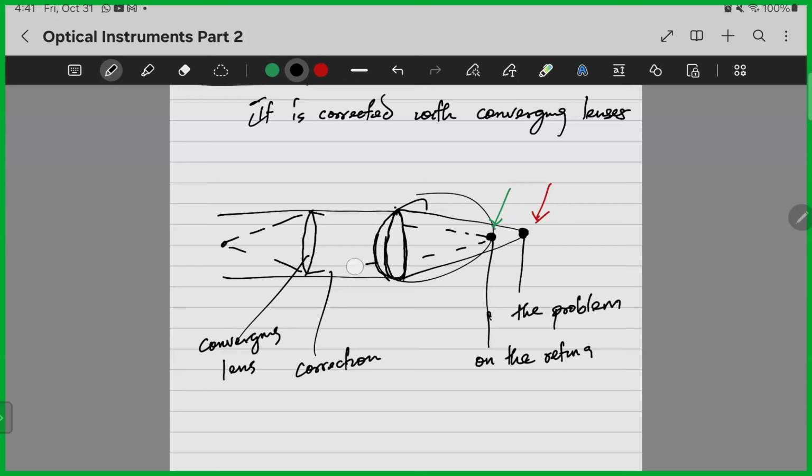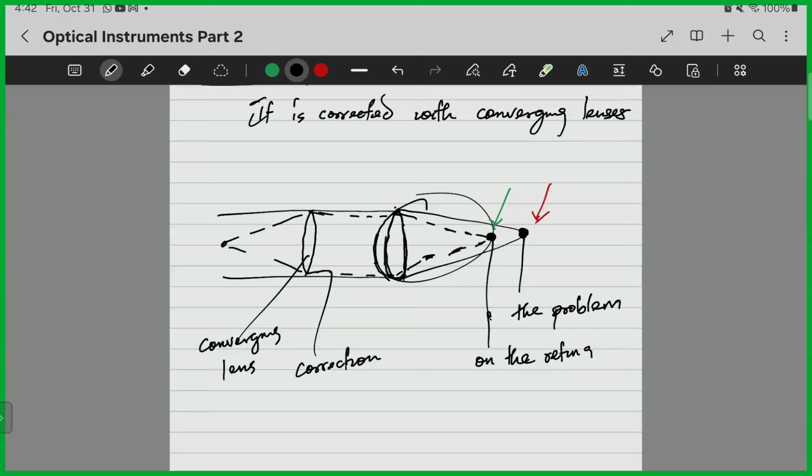So these traces have to go through like this and bend, which causes it to converge exactly. So keep that in mind.